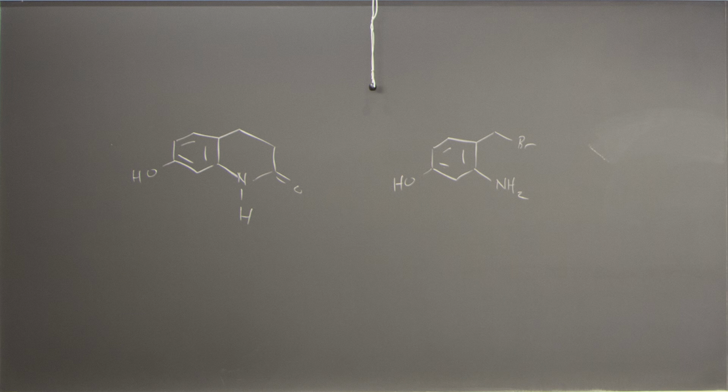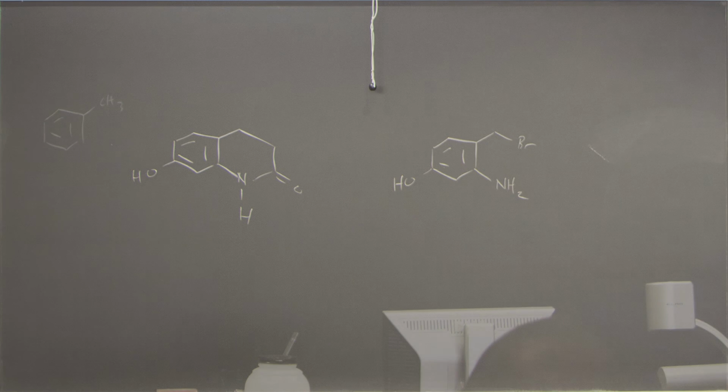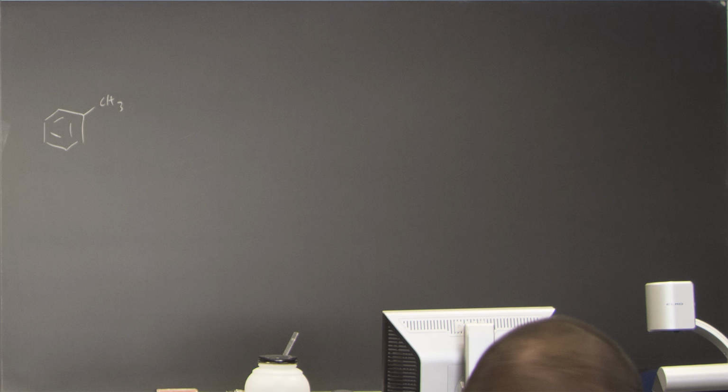Well, we know how to do benzylic brominations, right? How do we do it? With an iron? Huh? That's aromatic. How do I brominate next to the ring? Yes.